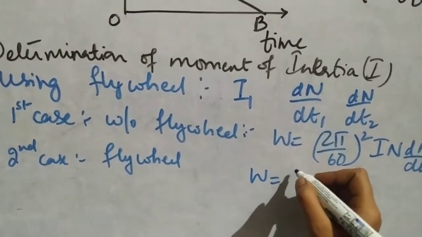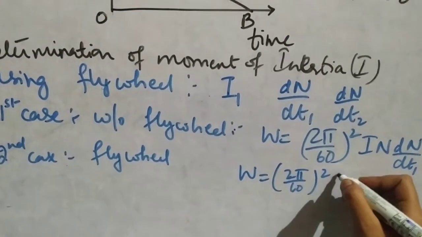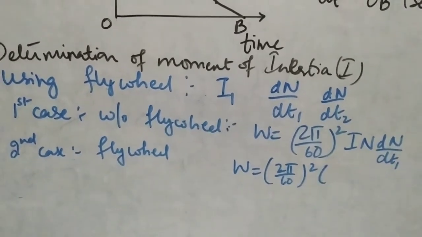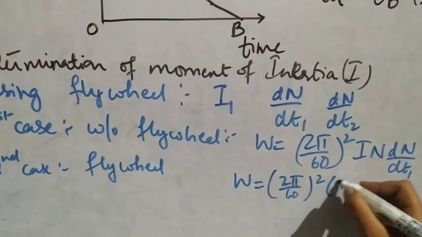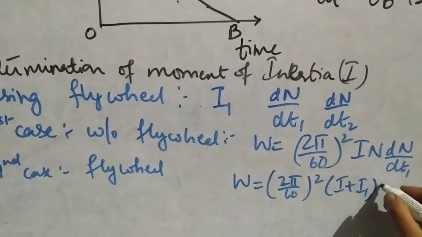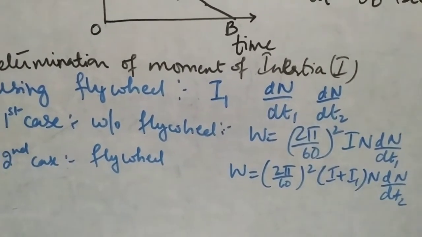W is equal to (2 pi divided by 60) whole squared into (I plus I1) into N into dN divided by dt2.